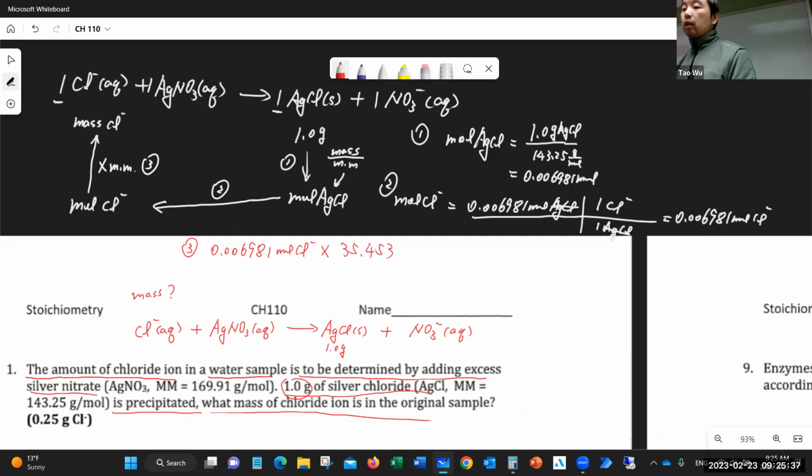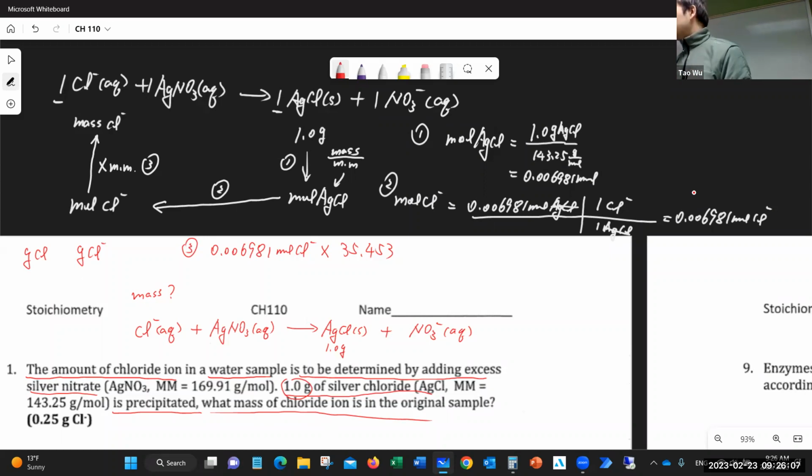A lot of people may wonder about the mass of the chlorine and the mass of the chloride ion, is there a difference? I'm telling you, generally there's no difference between those two, because the electron's mass is really negligible. So generally, you don't have to worry about the mass of the electrons.